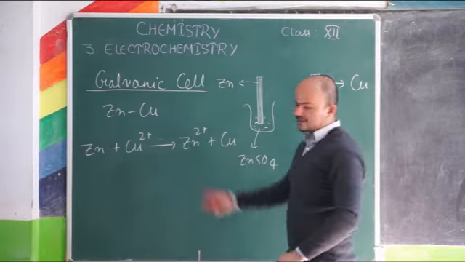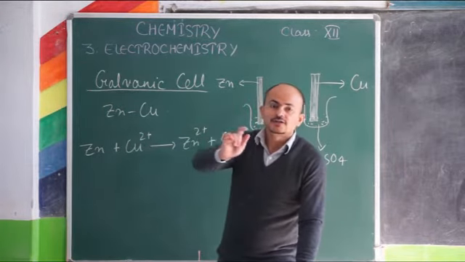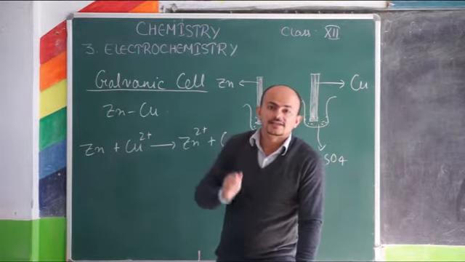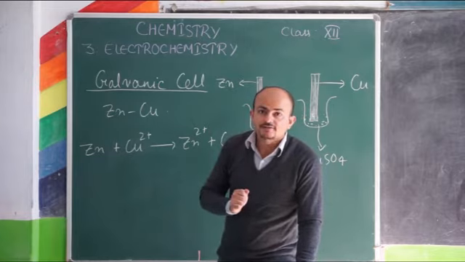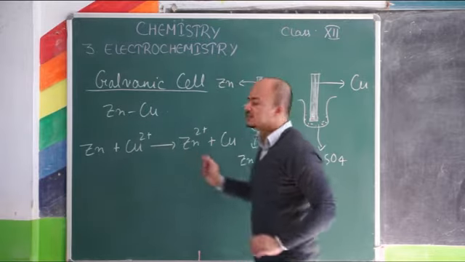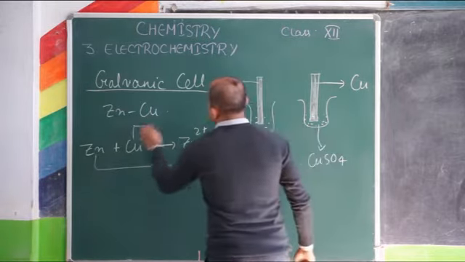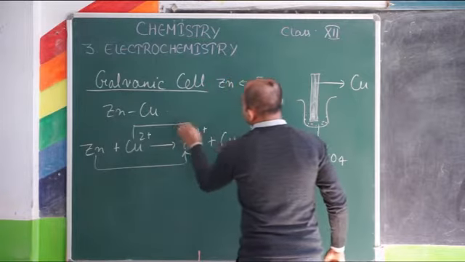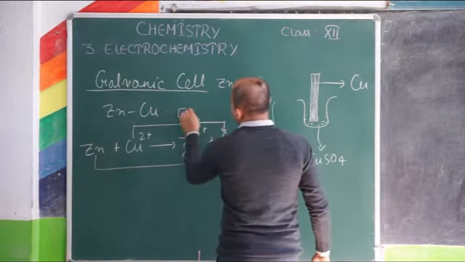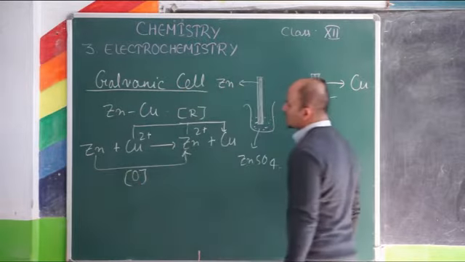Here you have to remember one thing: in such a cell, a redox reaction always takes place. One of them will be oxidized, the other one will be reduced. So zinc in this case is being oxidized and copper ion is being reduced to copper. So this is the reduction process and this is the oxidation process.